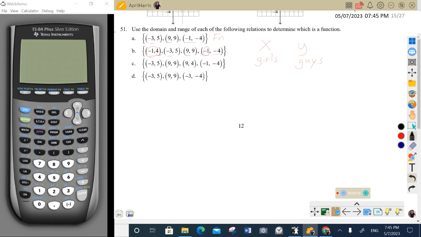That is not a function. On C, you have two different x equals 9 seeing two different y's. That's not a function. And on D, you have two x's of -3 that are seeing two different y's, so not a function. So A is a function.